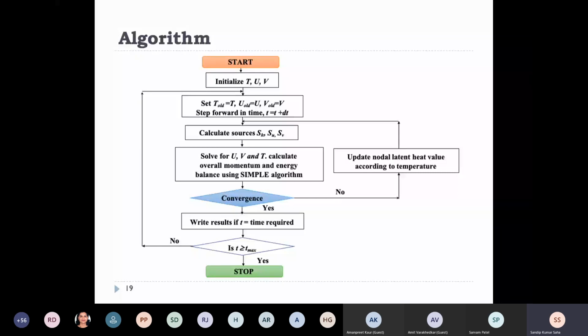This is my personal experience: solving the problem using this algorithm with a time step of 0.1, you will get convergence in the solution. But the solution may not converge when there is a phase change from solid to liquid, at the initiation of melting.